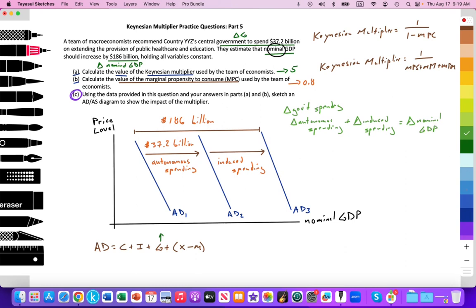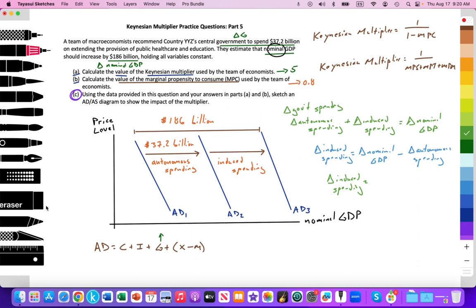So the change in induced spending should be equal to the change in the nominal GDP minus the change in the autonomous spending.